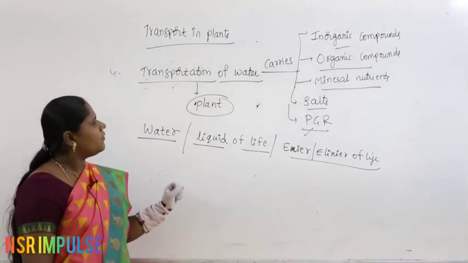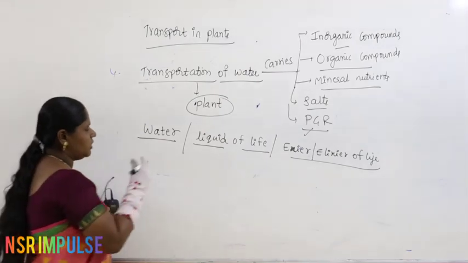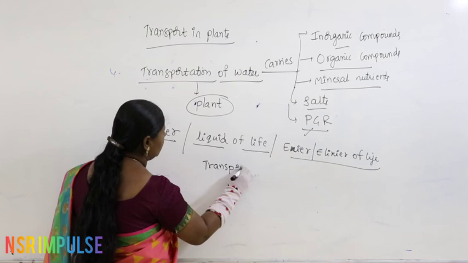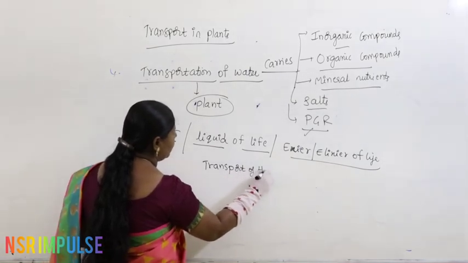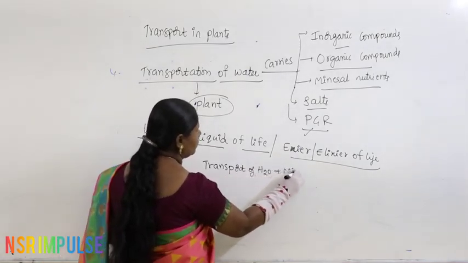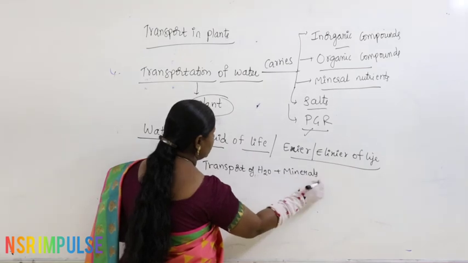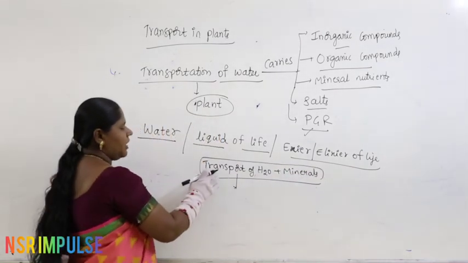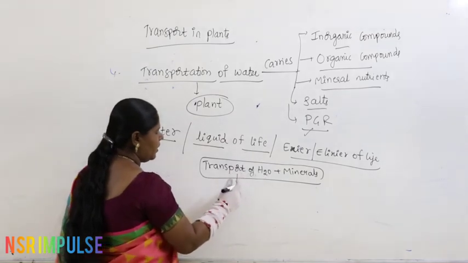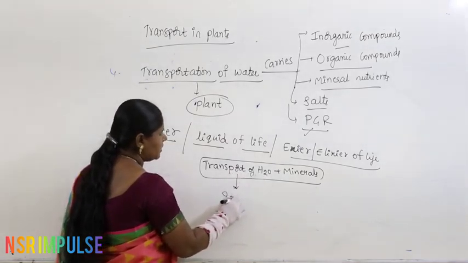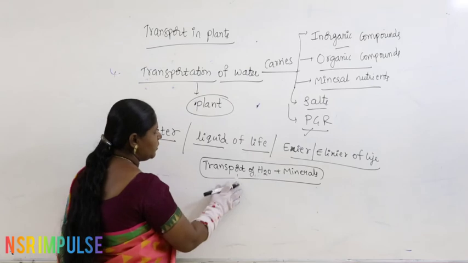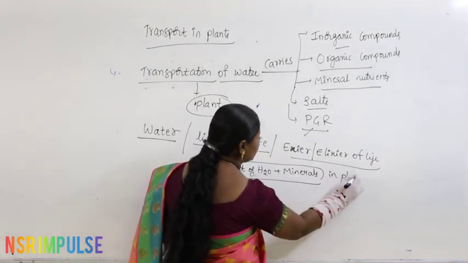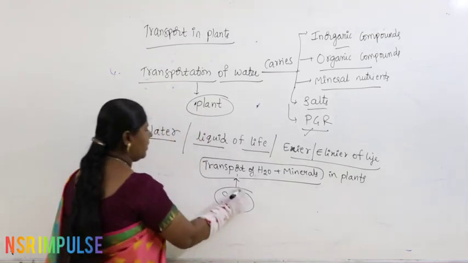So, when you talk about transportation of water along with the minerals, where will it occur from? Who is the source that provides water and minerals to plants? It is basically the soil.